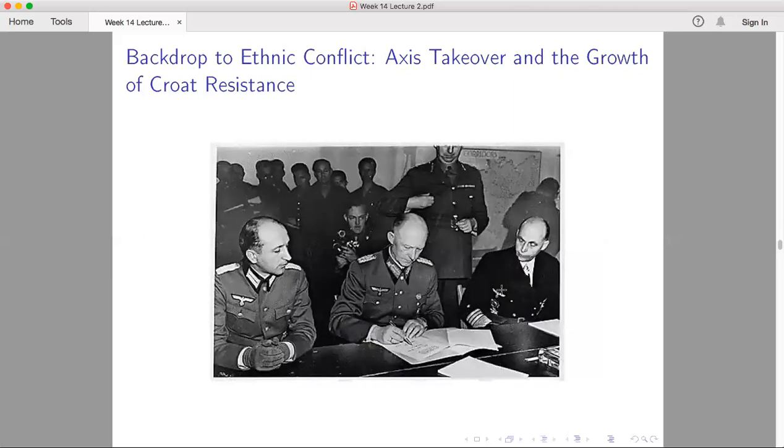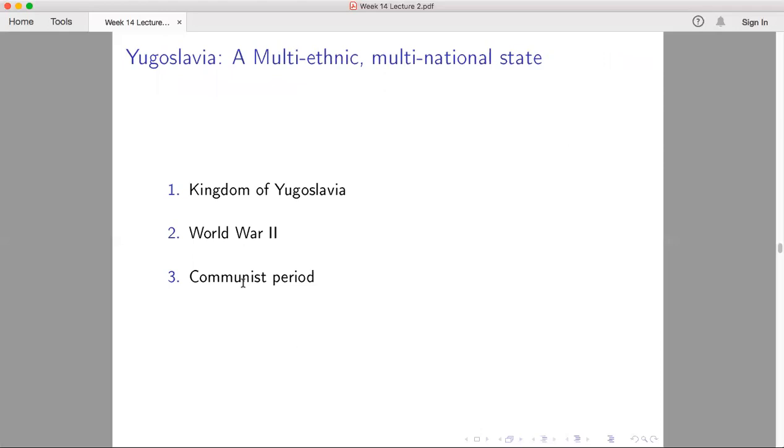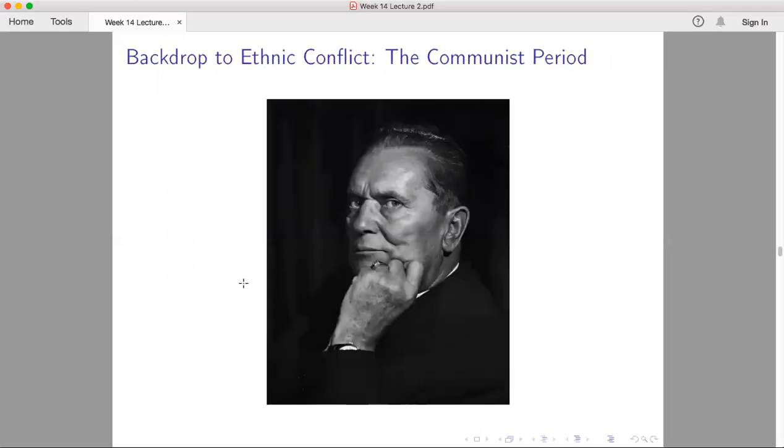Now, all of this comes to an end because World War II comes to an end, and we get the transition of Yugoslavia from an Axis-ruled territory to a communist territory. And in fact, during the communist period, we get the rise of a singular leader, Josip Tito, as the president of Yugoslavia.